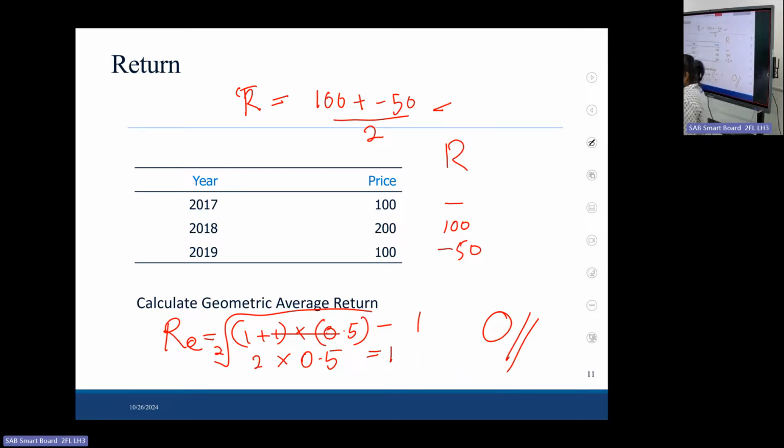If you have any question, ask. I am trying to prove that holding period return is correctly estimated with the geometric mean, not with the arithmetic average return. So what is the answer here? The arithmetic average is 25%.